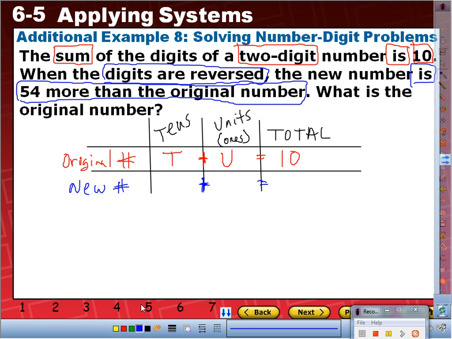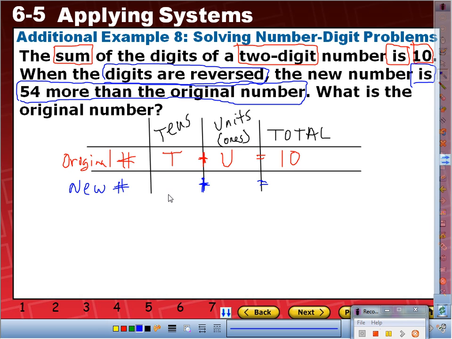So now let's see. Follow along. From there, it says the digits are reversed. That means I'm bringing the U to this spot and the T to that spot, right? Because they're reversed. So this becomes U, but then isn't it in the tens digit?